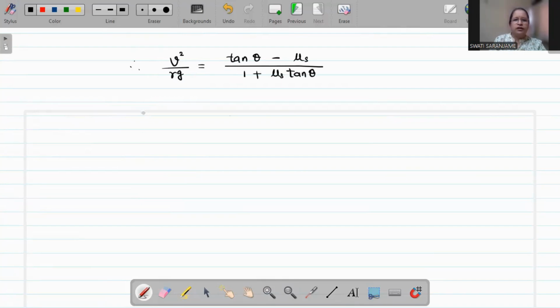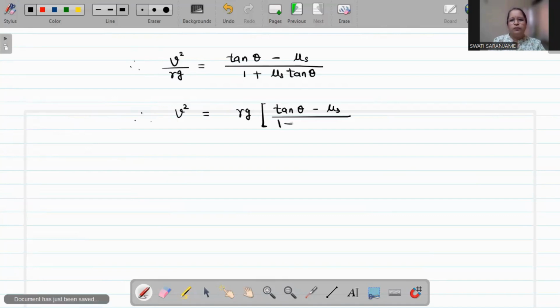As we are interested in finding the value of V, let us rearrange this for V square first. It is Rg times tan theta minus mu s upon 1 plus mu s tan theta.